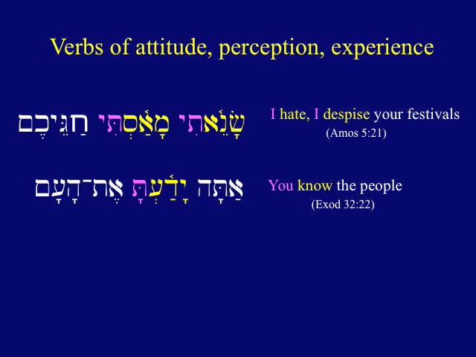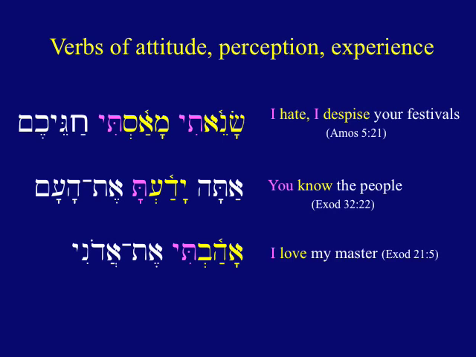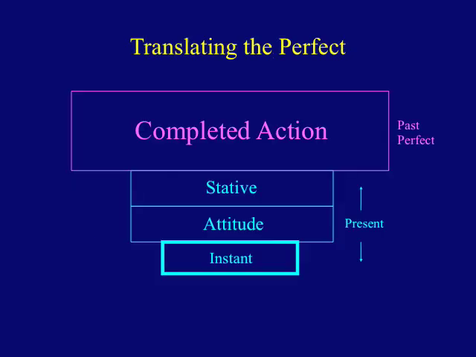You know the people. You didn't know them in the past. You know them now. Ahavti et Adoni. I love my master. I may have loved my master in the past, but the context shows that what is at issue is my current love for my master. Verbs of attitude, perception, and experience.